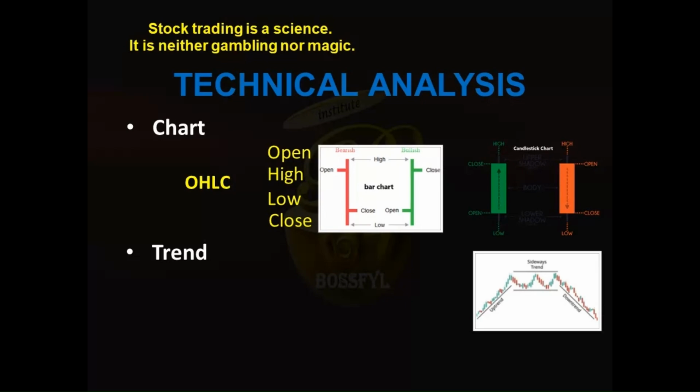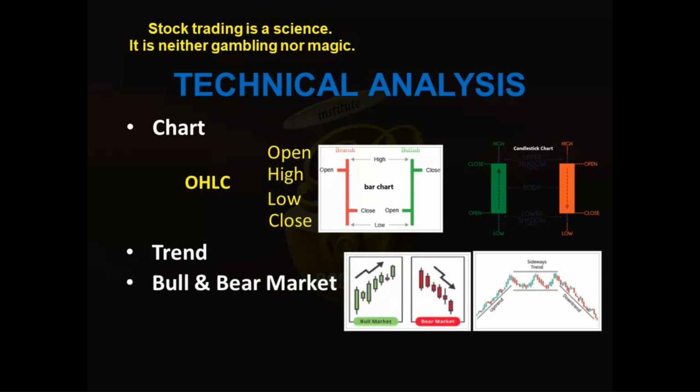Is it looking upward? If it is an upward trend, then it's called an uptrend, and the market is called a bull market. If the overall trend is downwards, then it is called a downtrend, and the market is called a bear market or bearish market.